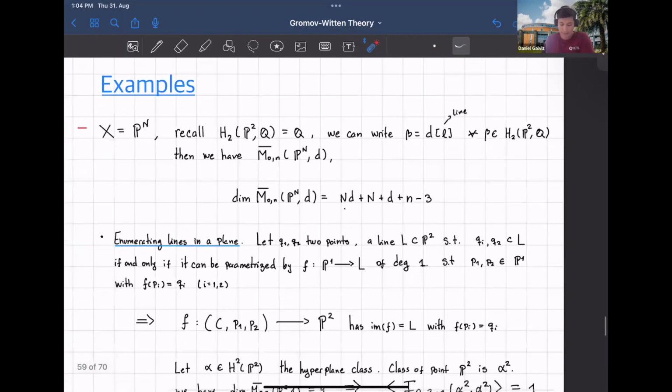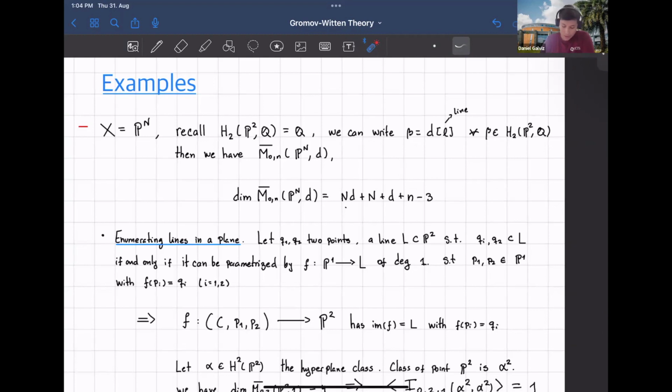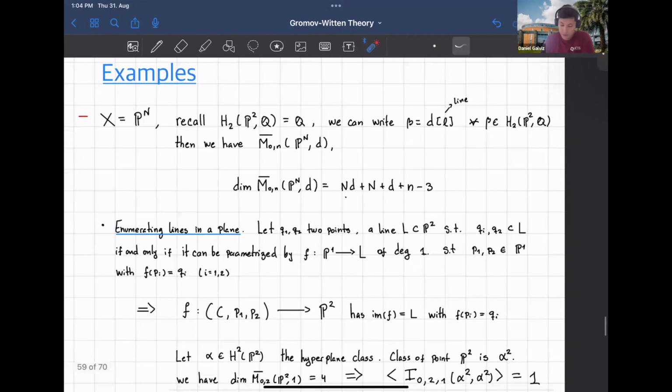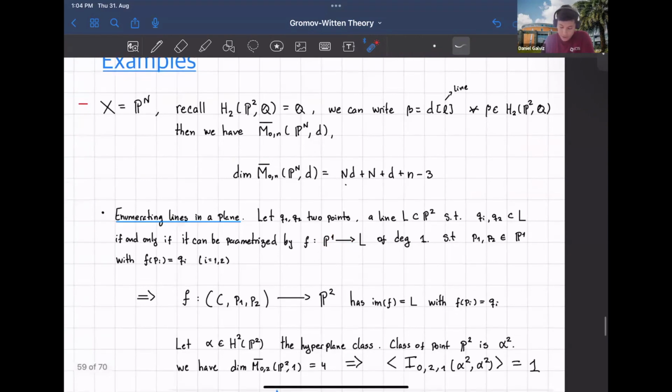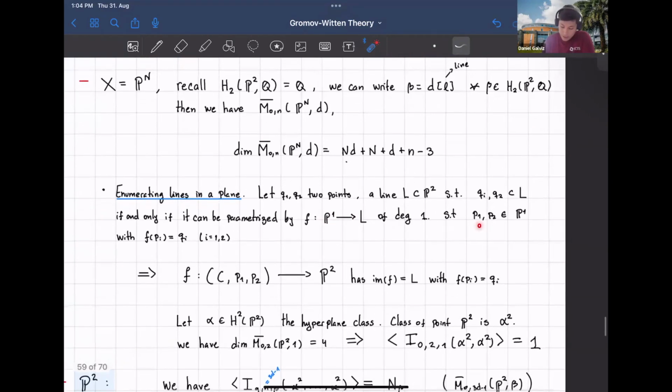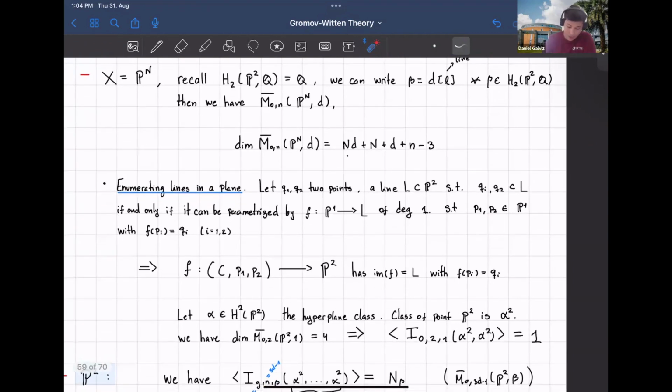Then we can just count enumerative lines in a plane. Let's have two points, P1 and P2, and a line living in our projective space P2, such that these two points belong to the line. This happens if and only if the line can be parameterized by a map, say from P1 to L of degree 1, such that the points P1 and P2 belong to it, and we will associate these marking points with points inside our line.